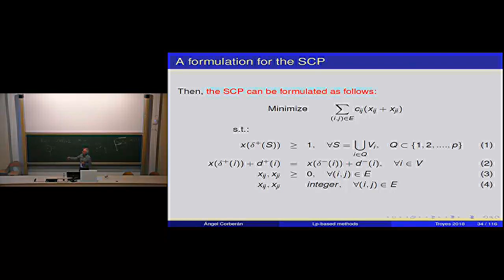We need to impose connectivity inequalities, like subtour elimination constraints. In this case, take a look here. I have two components. I have to look for a tour that connects both, and then I have to traverse this.